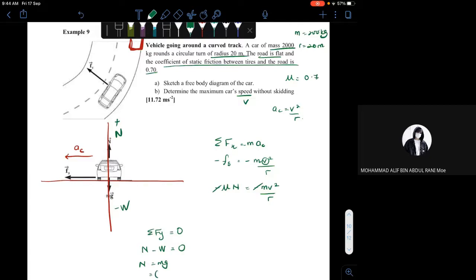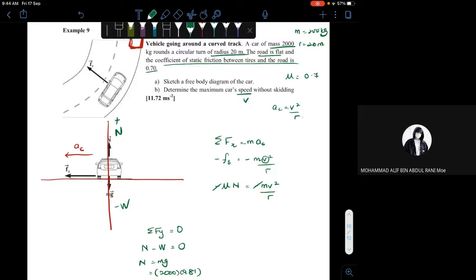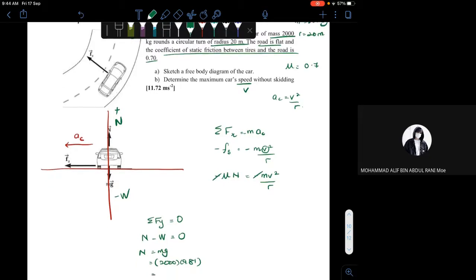Okay, so your mass is 2000, times 9.81. Berapa yang jawapan ni dapat? So this one about 19620 N. Lepas ni pun masuklah mu is 0.7 times 19620 and then sama dengan M, iaitu 2000, times V square, V square nak cari, and then over R. Okay.